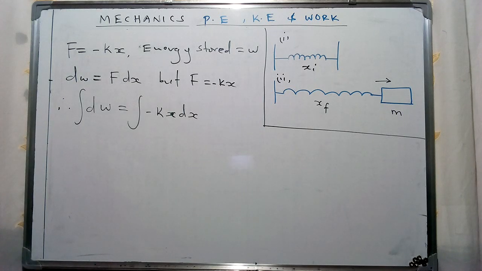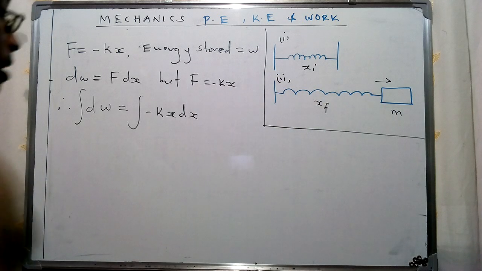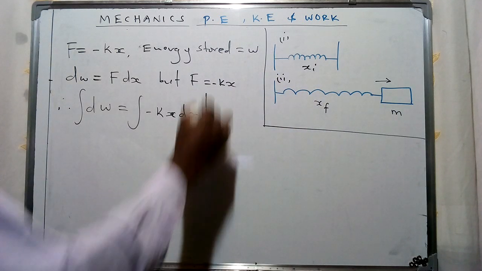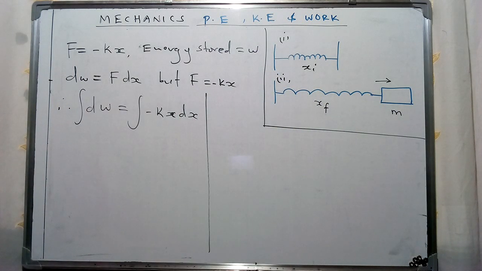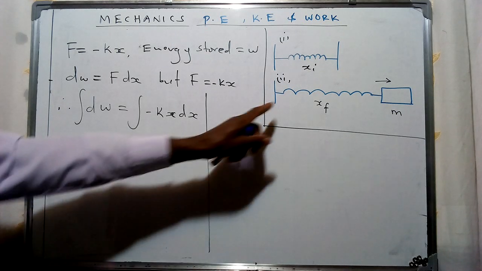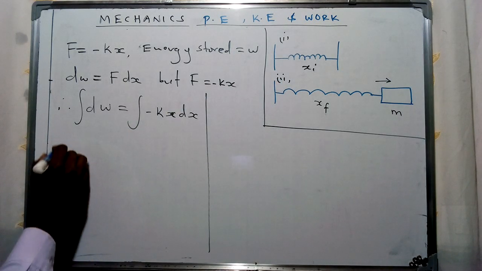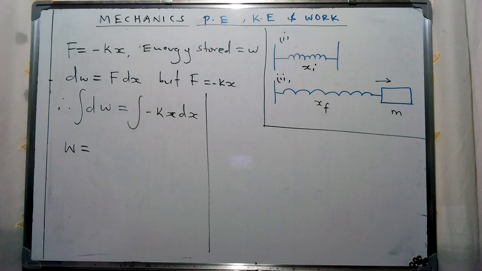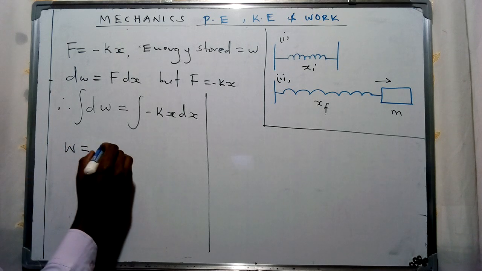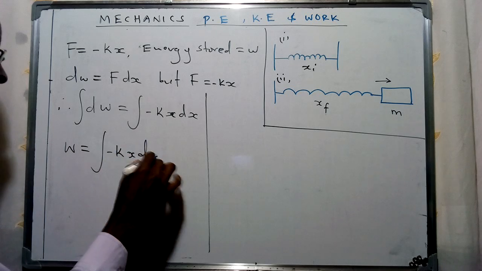But we are going to consider our displacement from the initial position to the final one, and therefore we need an integration to find the total work done for the two scenarios, x initial and x final, whereby the work done is given as the integral of negative kx dx.